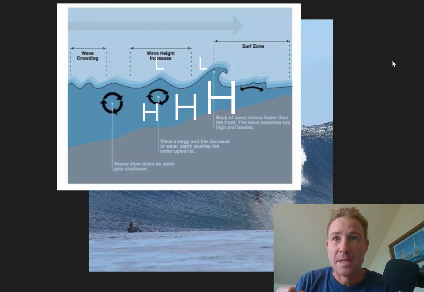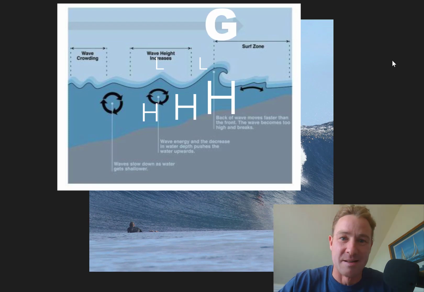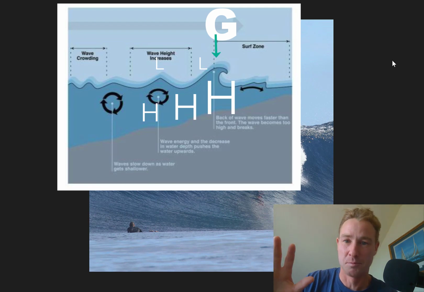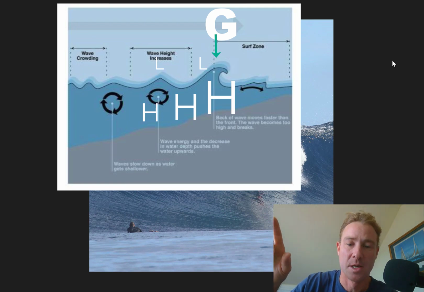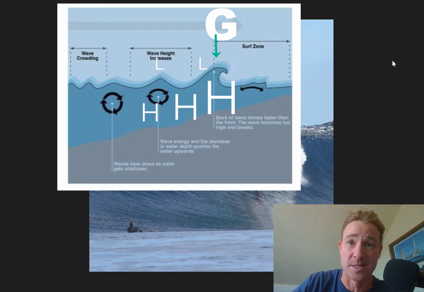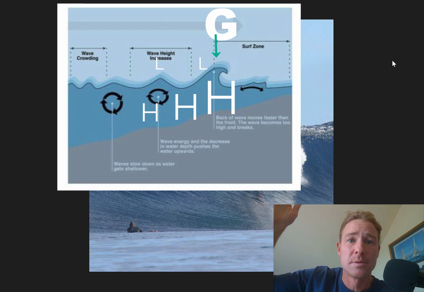Now, gravity then says, whoa, wait a minute, water. You think you're awesome, little fluid, just because you're moving into airspace? No, I'm going to knock you back down. And so as that swell gets to a certain height, the water doesn't just keep going up to fill the space.